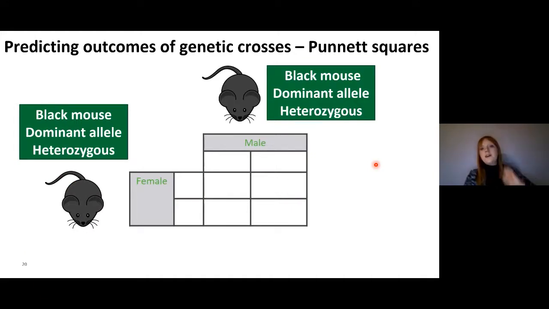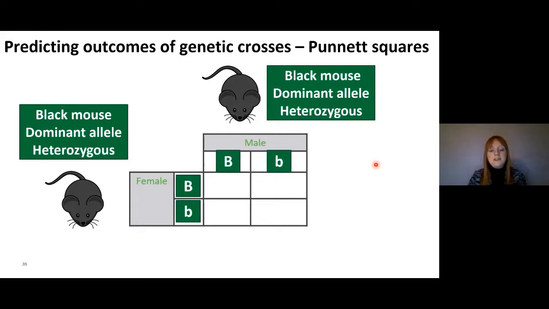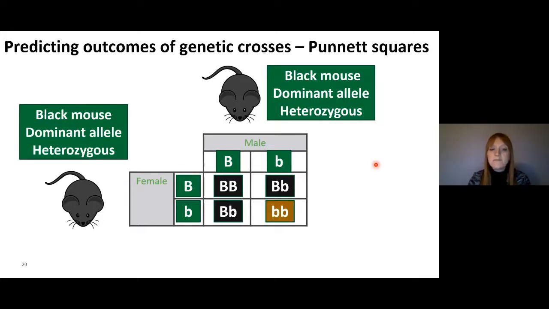This time we are crossing 2 black mice. Okay, so they're both heterozygous, so they're both going to be big B, small b. In this case then, big B would be black, big B, small b would be black, big B, small b would be black, and then small b would be brown.